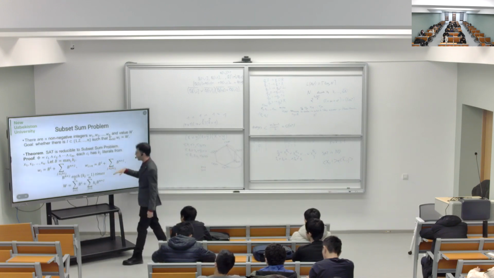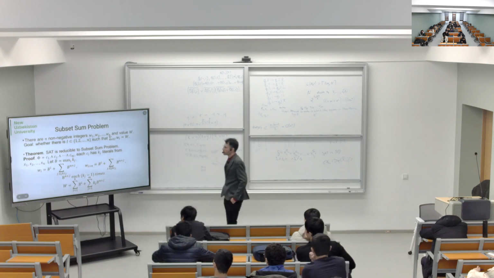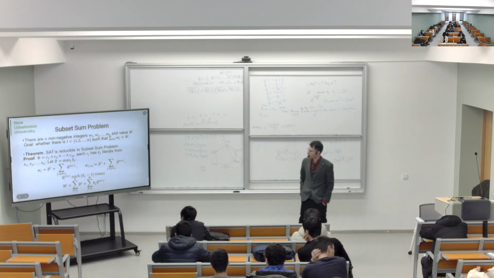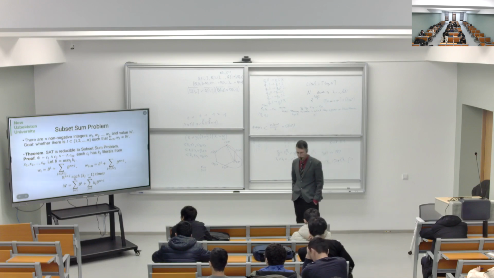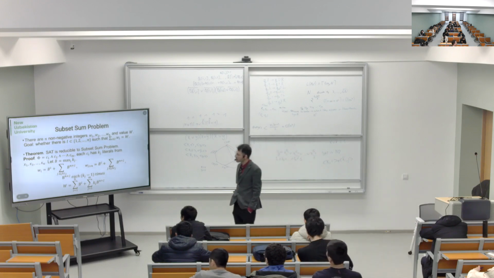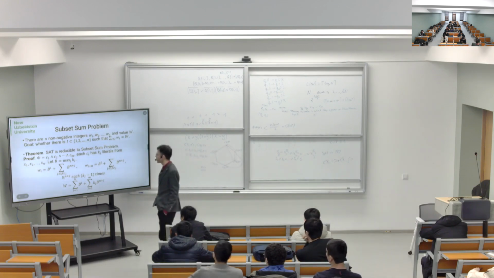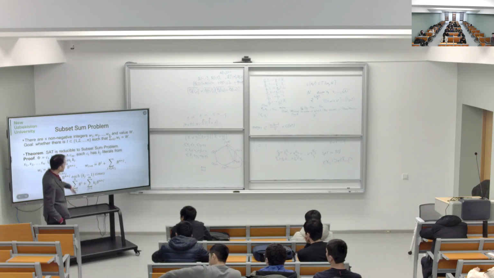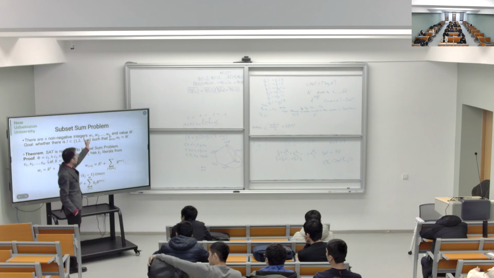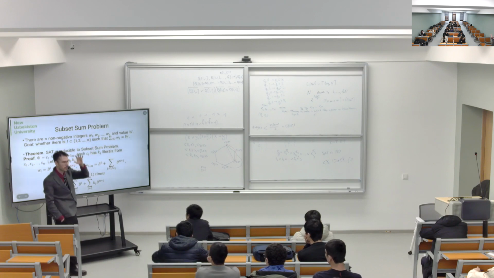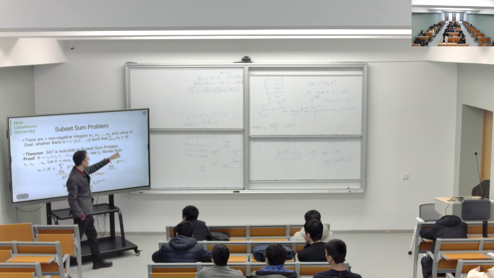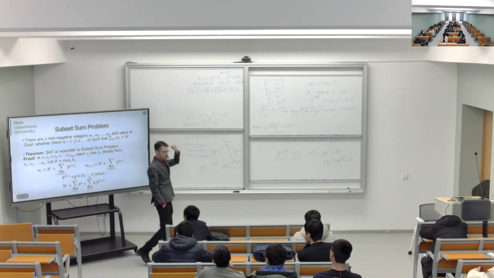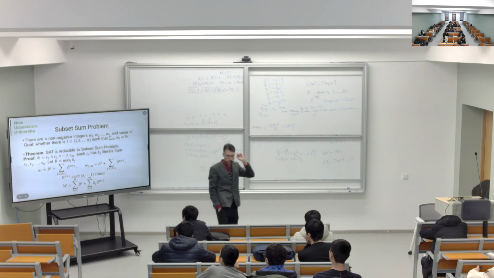So let's see other tasks. So there is the subset sum problem. There are n non-negative integers w1, w2, etc., wn. The goal is to find some subset of indices such that the sum of w with these indices will be equal to some number in the input.